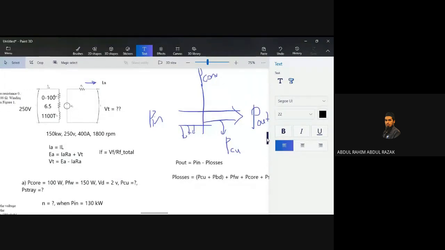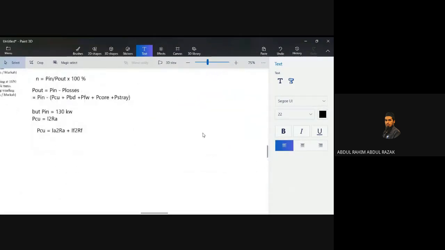Meanwhile, your I F is equal to V F over R F total.